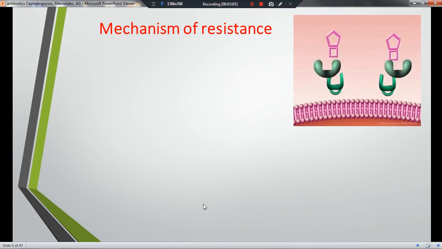Okay. Now, if you know any mechanism of action, you can automatically understand the mechanism of resistance. What is meant by the mechanism of resistance? It is the mechanism by which the bacteria attains resistance to this antibiotic.